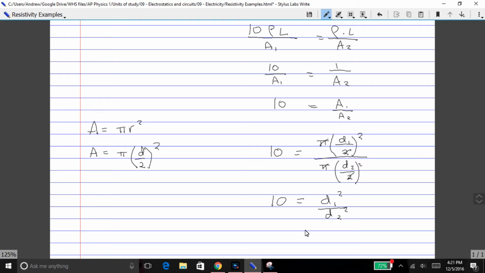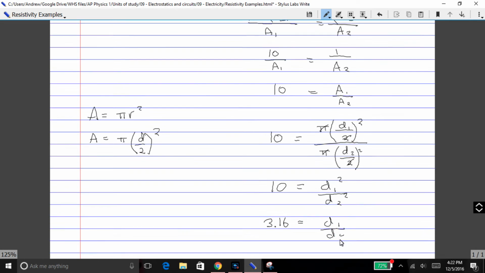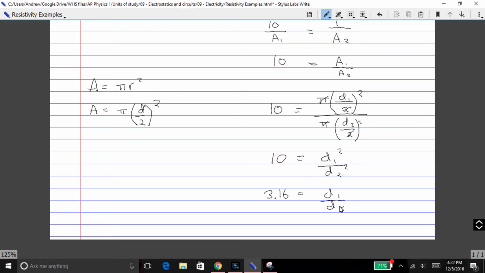Square root of 10 is 3.16, we'll say, is equal to D1 over D2. So then the result is that that first resistor, the one that has the smaller value for resistance, just R, must have 3.16 times the diameter of that second resistor, which has a value of 10R for resistance.